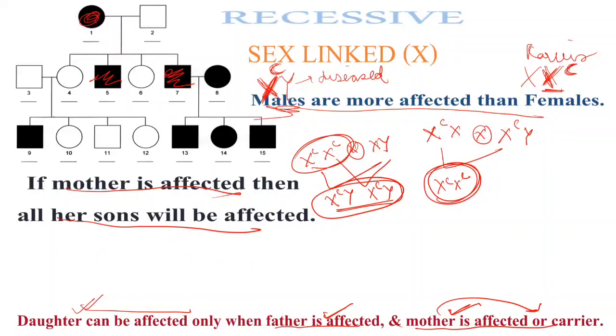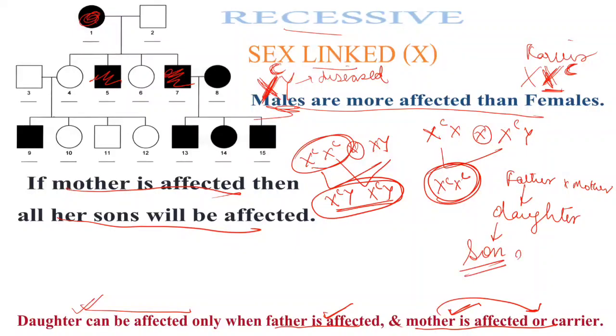So for recessive X-linked, what you have to see is that if a father is affected and the mother is a carrier, then their daughter will be affected, and if the daughter is affected, then 100% her son will be affected.